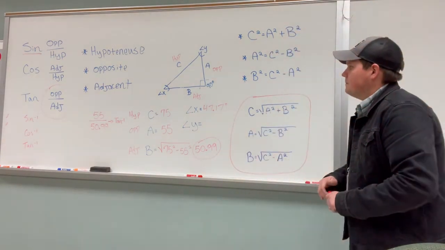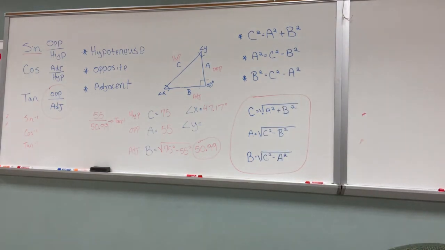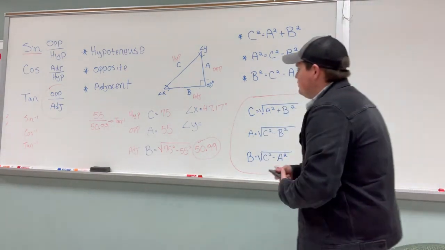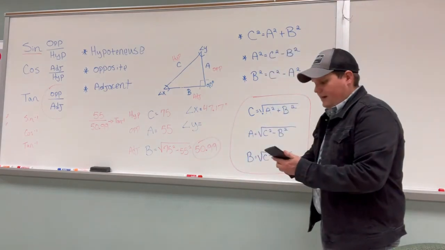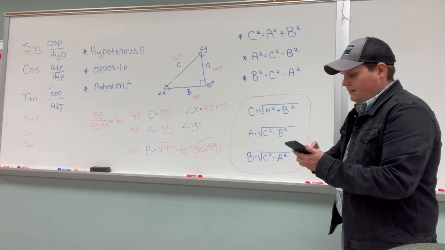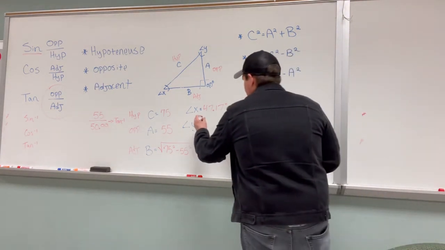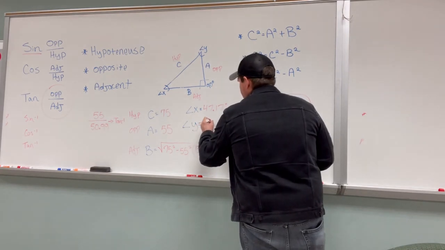Okay? And then to get angle Y, I can just take the easy route and do 90 minus 47.17, which gives me 42.83 degrees.